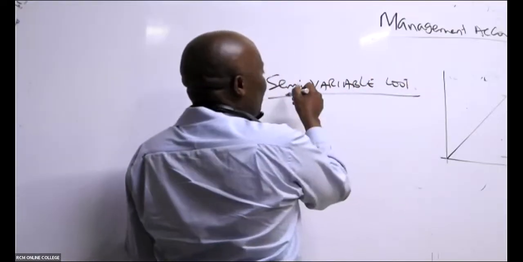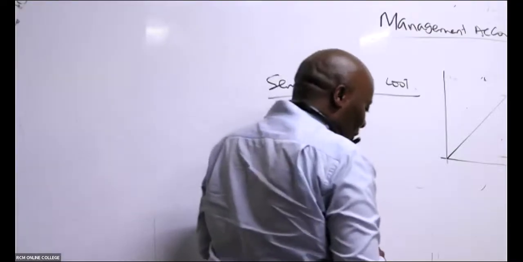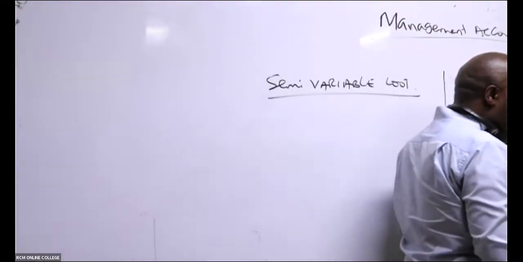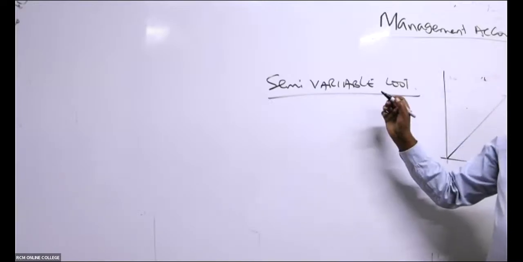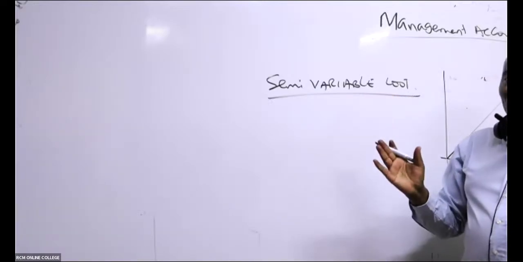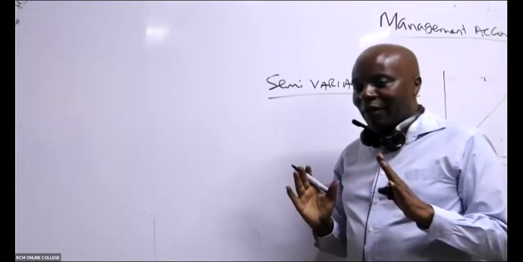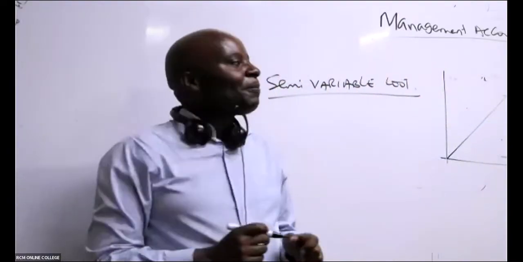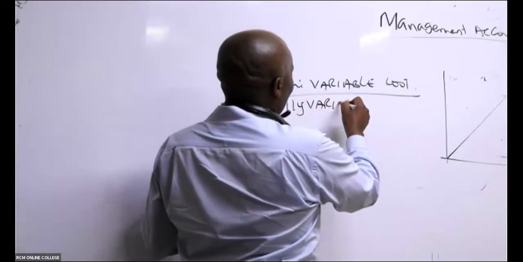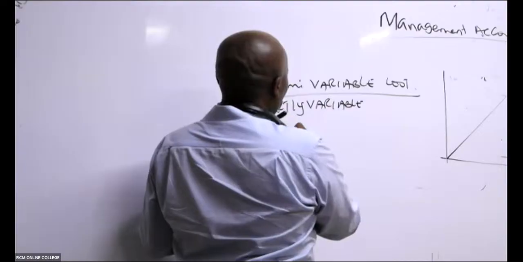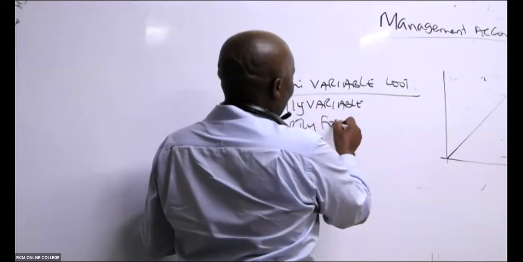Semi comes from the word semi. For those of you who play football, semi means half-time, partly. So semi-variable costs are those costs which are partly variable and partly fixed.